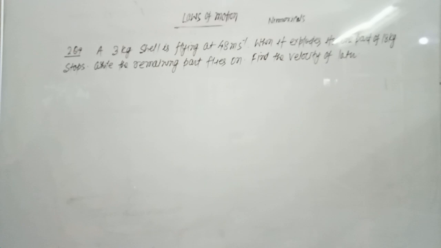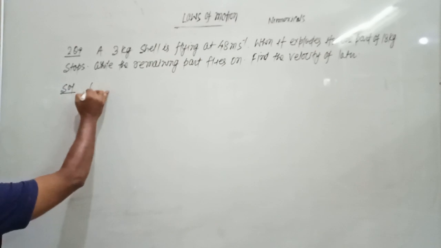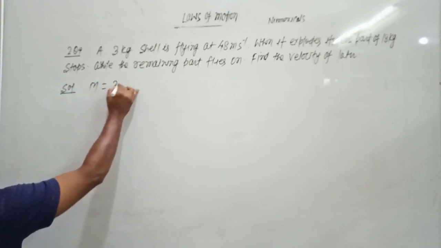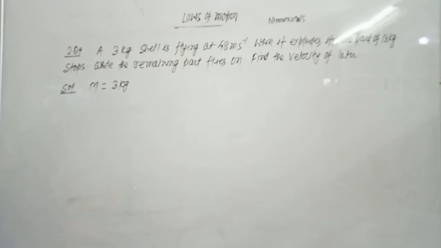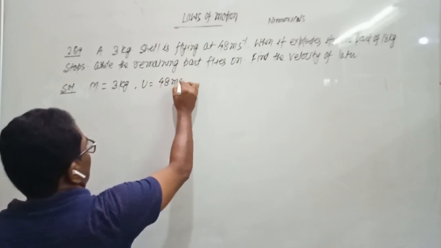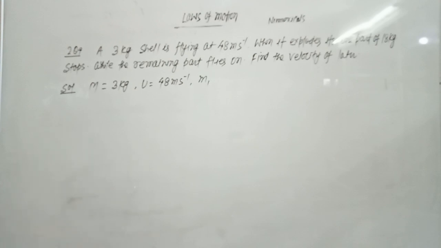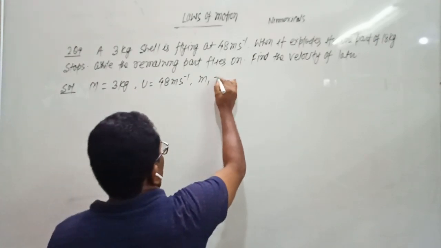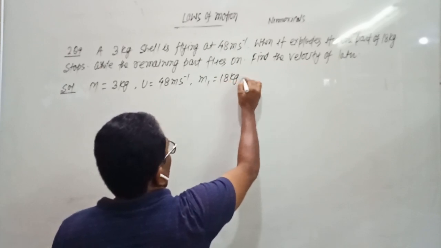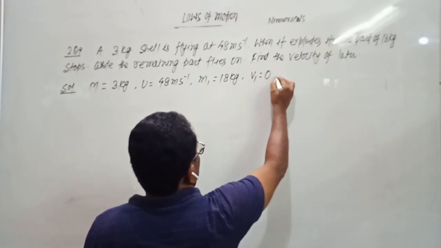So let the mass of the shell be represented by capital M. The mass of the shell is 30 kg and its speed is represented by U, which is 48 meters per second. When it explodes, one part is M1, which is 18 kg, and it stops, so its velocity V1 is 0.